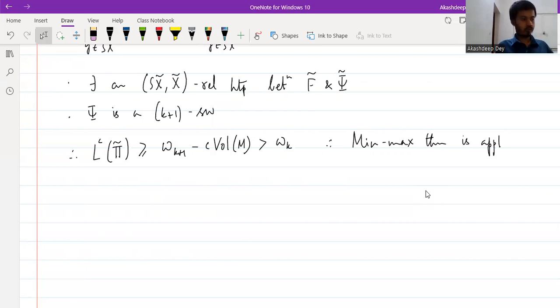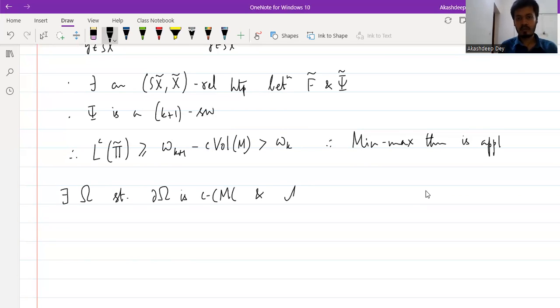So there exists omega such that boundary omega is CMC and A^C omega is L^C pi tilde.